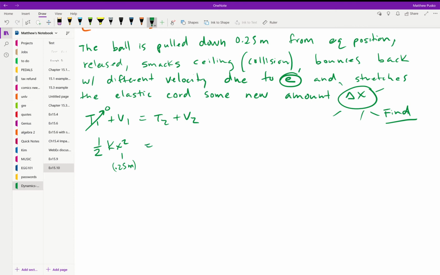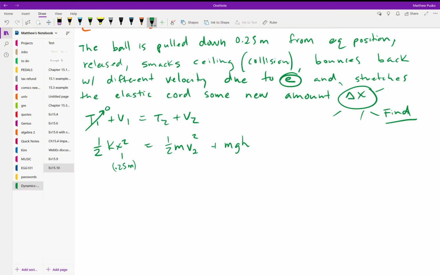This is all going to turn into some kinetic energy, and we'll call this our V2 right before it hits the wall. And when it gets up there, it's also going to have some gravitational potential energy.